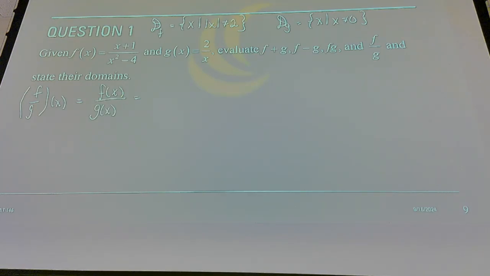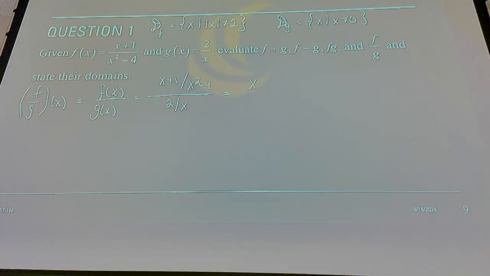Quotient f over g. F of x over g of x. What's the rule when you divide fractions? Multiply what by the reciprocal of what? The numerator by the reciprocal of the denominator.